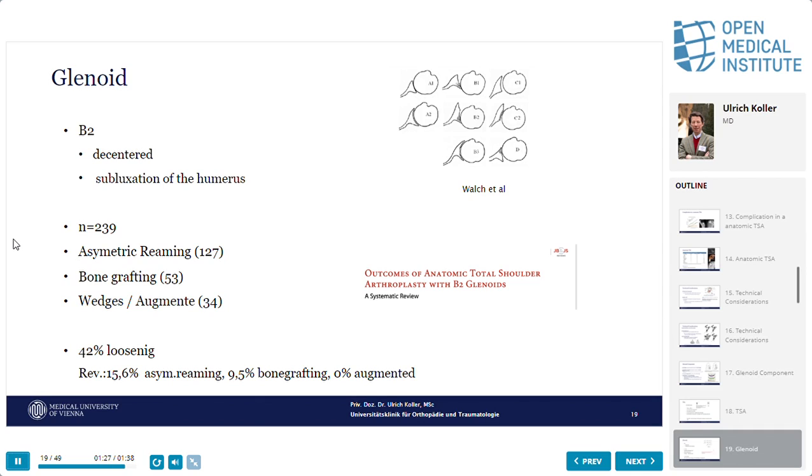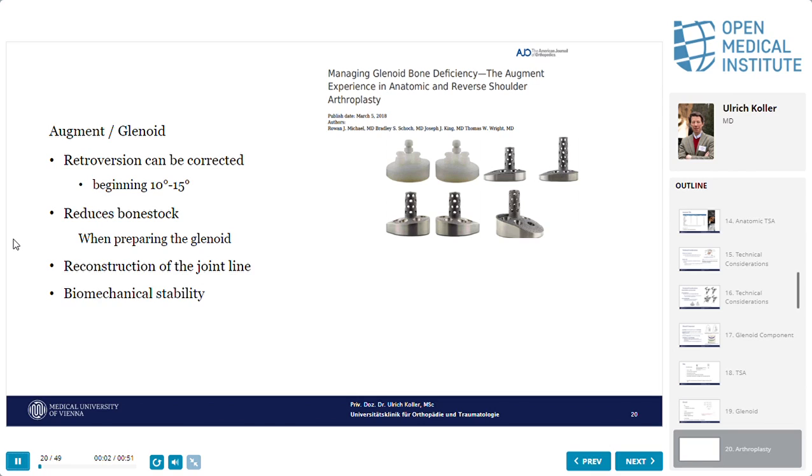Bone grafting, they had a loosening of 9-10%, and when they used some augments, they had 0% loosening. So this is very company driven, and it depends on whether the company provides you this kind of glenoids.